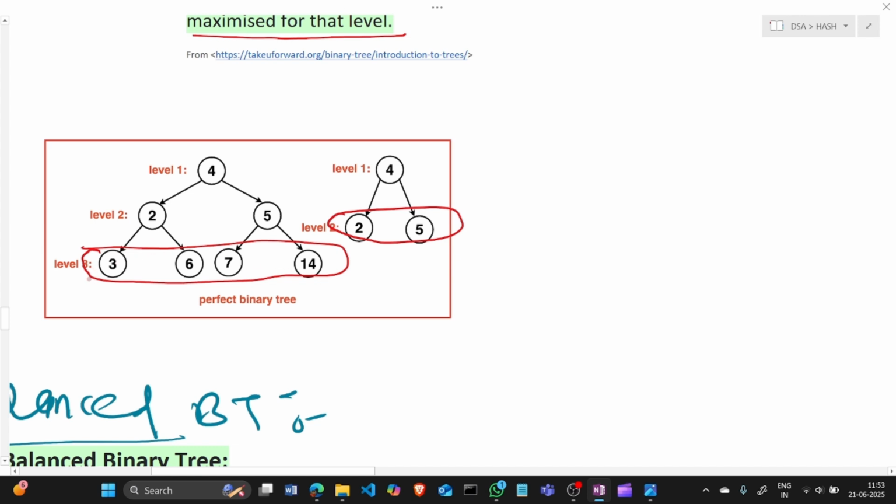At level 3, the maximum leaf nodes can be 4, now all are filled. So this is perfect. At level 2, the leaf nodes can be 2, so it is filled with 2 maximum leaf nodes, and all leaf nodes are at the same level. Why the same level? Let's see this example.